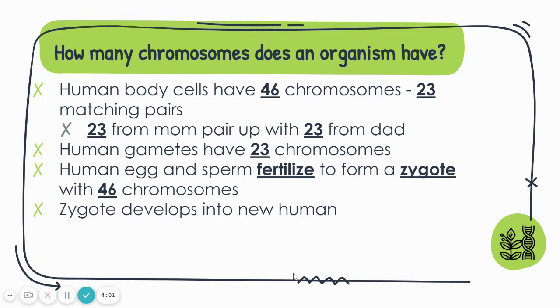A human egg and sperm fertilize to form what we call a zygote. A zygote is the first cell of an organism that has all 46 of those chromosomes, that has the correct number of chromosomes. Eventually, that zygote is what's going to develop into a new human.